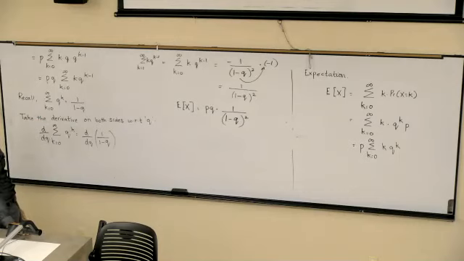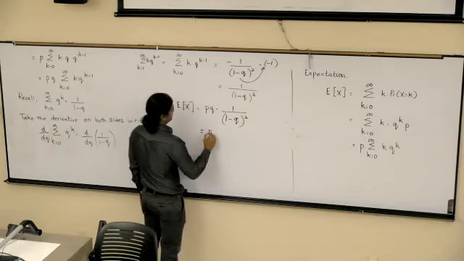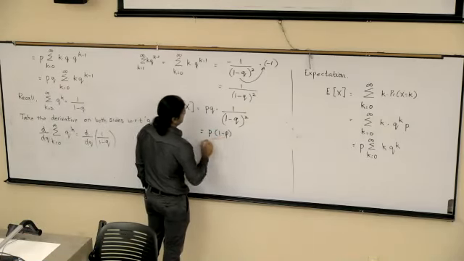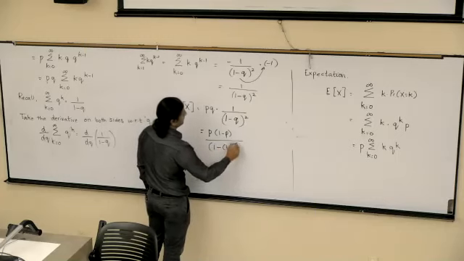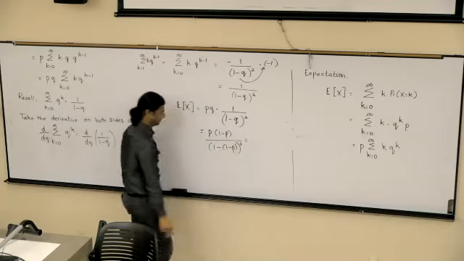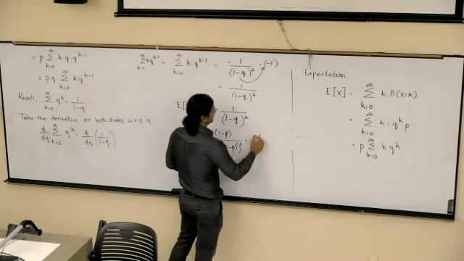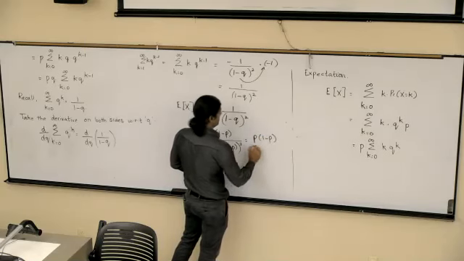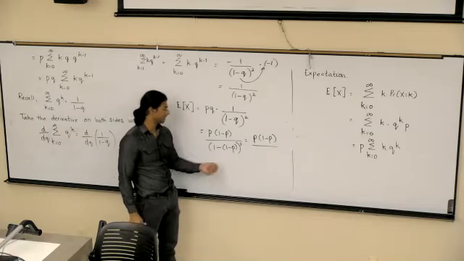That's what I would have. But what is q? q is 1 minus p. So p times 1 minus p divided by 1 minus p. So I will have p times 1 minus p divided by 1, and minus 1 will get cancelled.